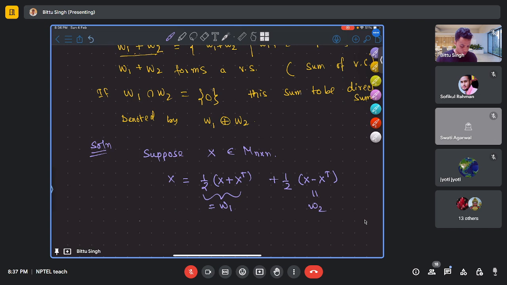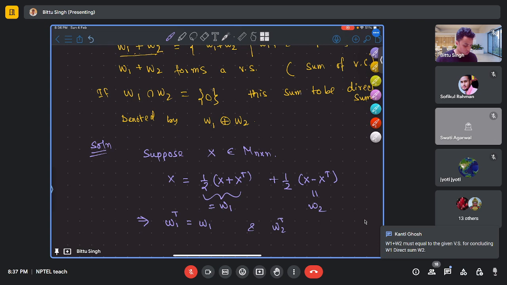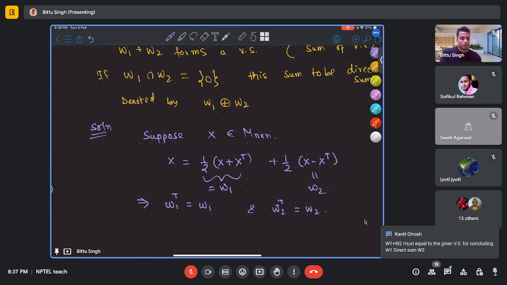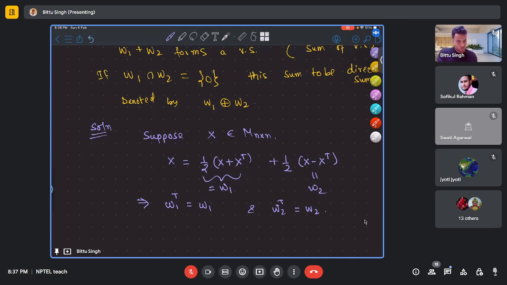Then you can see that w1 transpose is w1 and w2 transpose is minus w2.